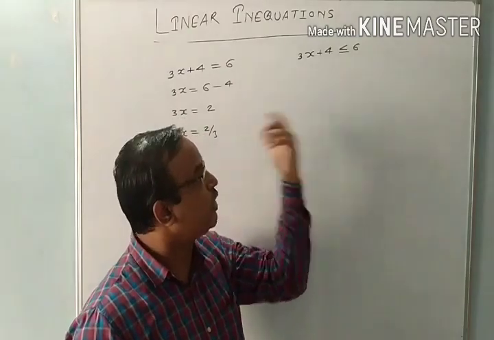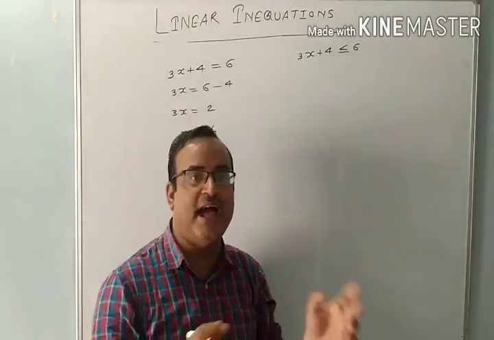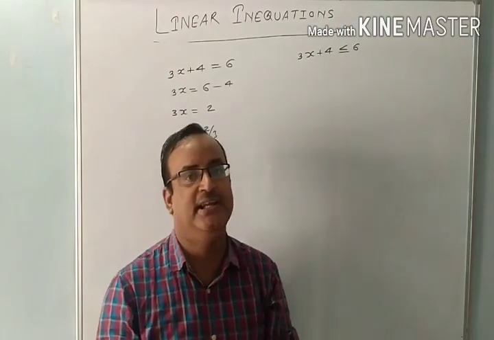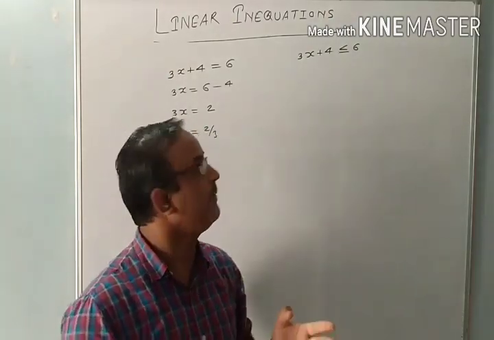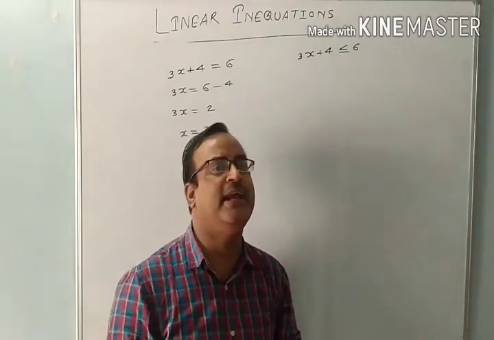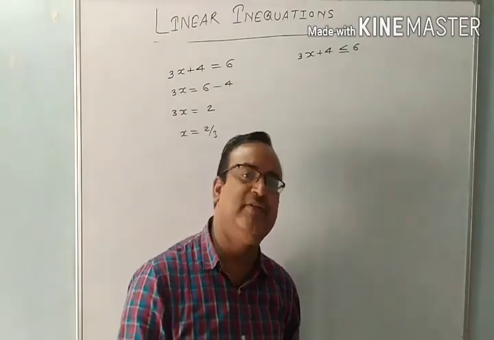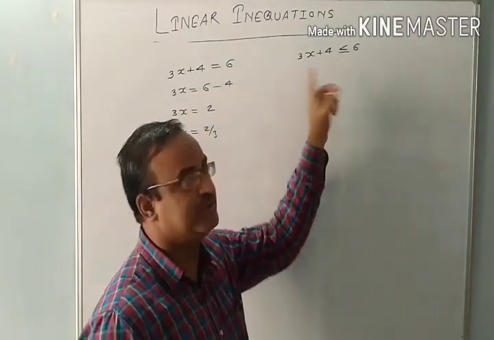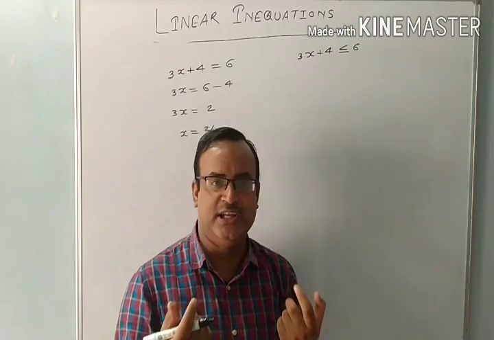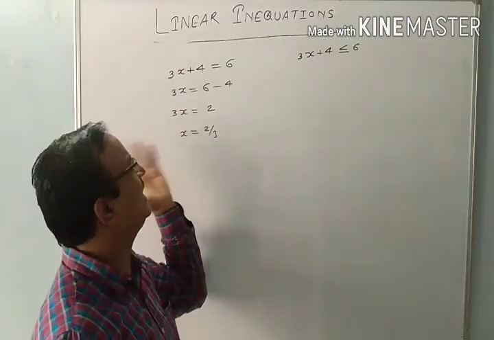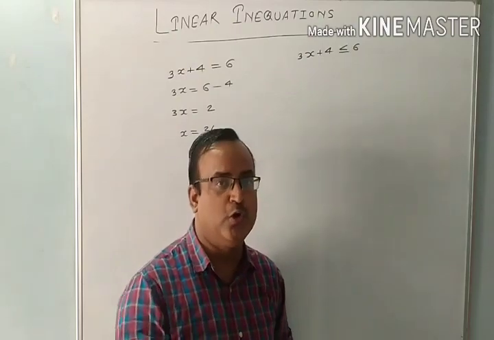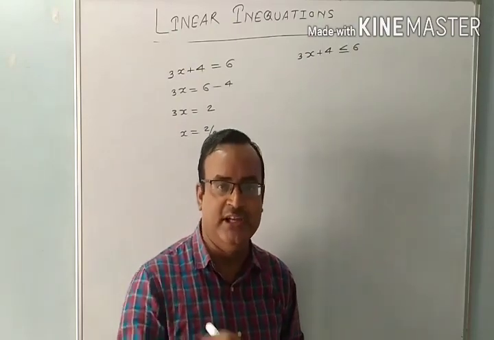Whenever we solve linear inequations, when we add, then both sides; when we subtract a number, then both sides; when we divide by a non-zero number, then both sides; and when we multiply by a non-zero scalar quantity, again we have to multiply both sides. This is the concept. But generally students treat it like a linear equation. But in examination we will get only one question, so we should follow the rule of linear equations.